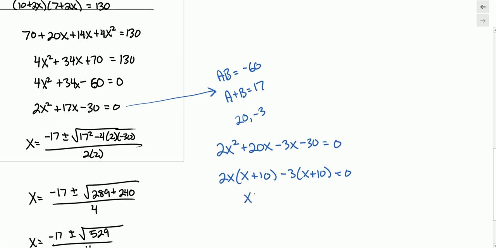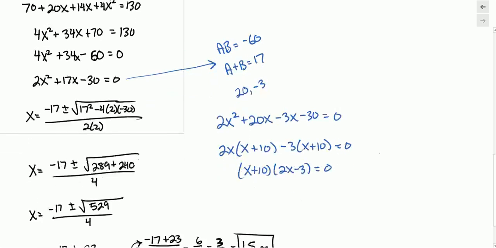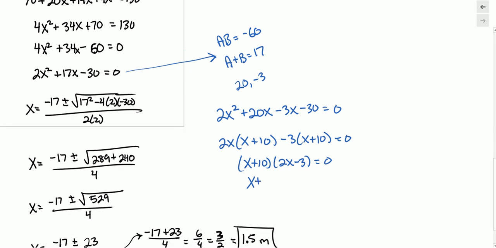Factor out the x plus 10. x equals negative 10 and x equals 3 over 2.